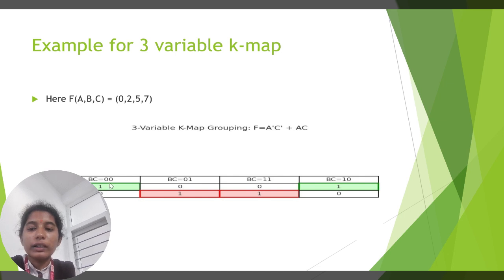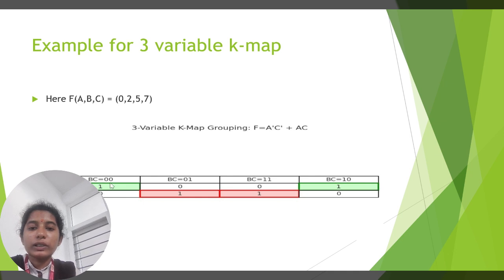Now pair the zeroth position and the second position. The highest possibility in this group is a pair. 0 represents the complement value in the minterm and 1 represents the same value.